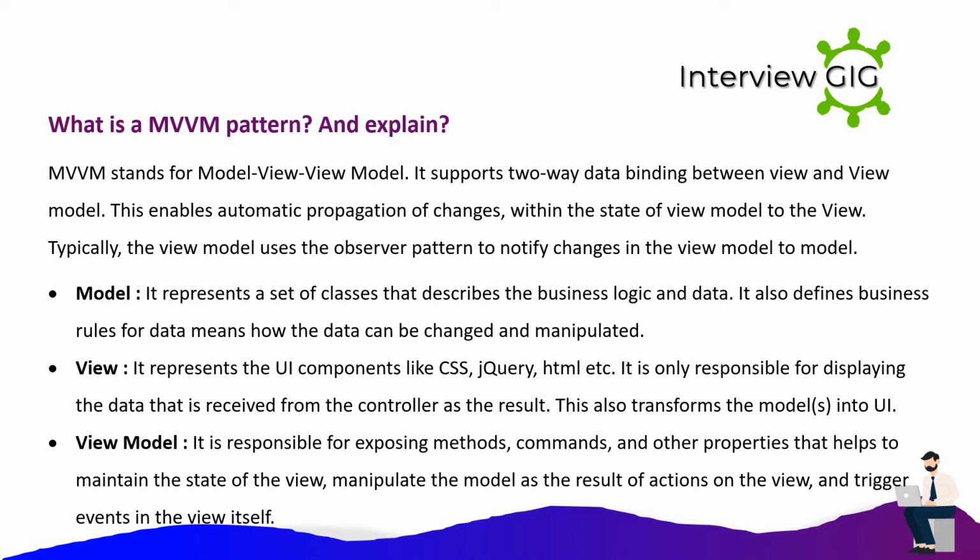This also transforms the models into UI. View model. It is responsible for exposing methods, commands, and other properties that help to maintain the state of the view, manipulate the model as the result of actions on the view, and trigger events in the view itself.